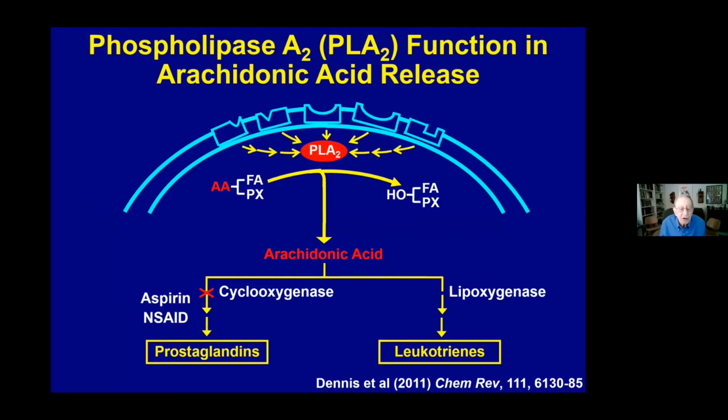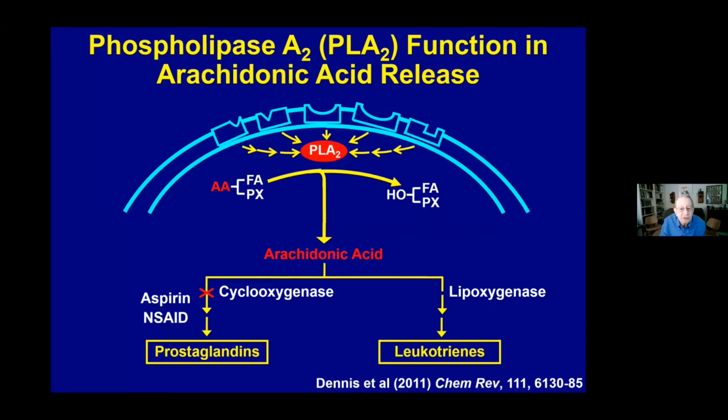Now, let me talk about how one generates prostaglandins and go back to the top of the slide. There are a large variety of membrane receptor events on virtually all cells and tissues of the body that, when activated, activate a key enzyme in lipid metabolism called phospholipase A2.